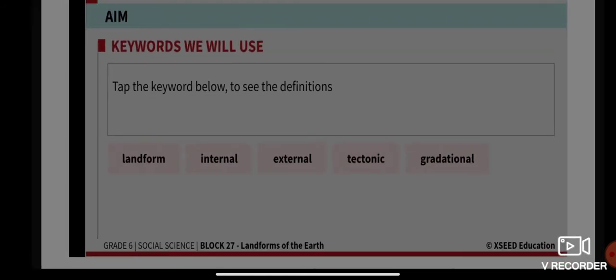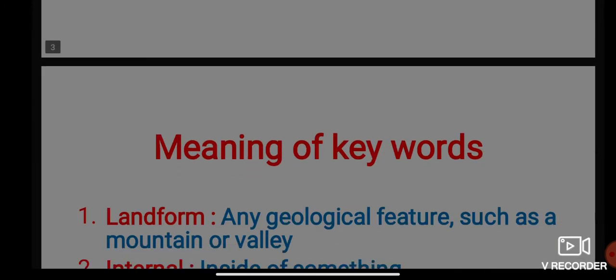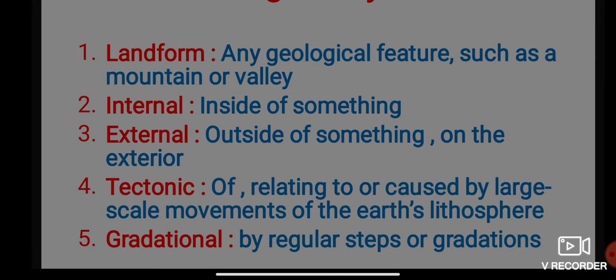Now here are the keywords that we will use today: landform, internal, external, tectonic, and then gradational. Let us learn the meaning of keywords. Landform: any geological feature such as a mountain or valley is known as a landform. And what is internal?